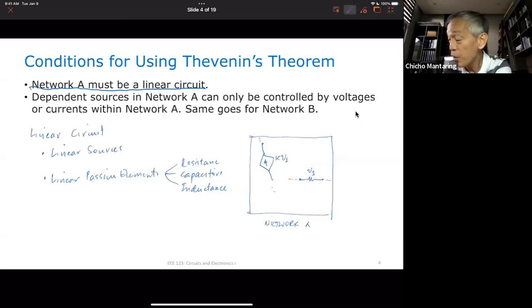But if V1 is outside, let's say this is now network B, connected through X and Y. If V1 is here, di pwede yan, this is not allowed.